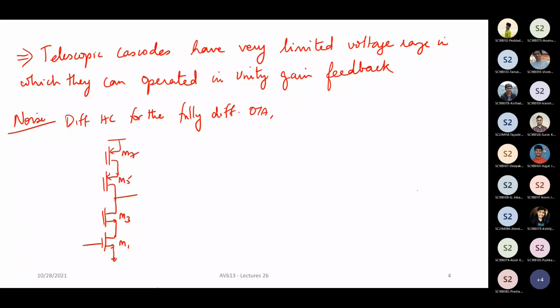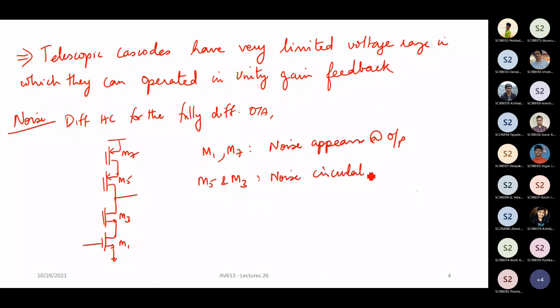M1 and M7 noise appears at the output, whereas in M5 and M3, the noise circulates within itself and does not appear at the output. Even in the case of a cascode, we saw that.